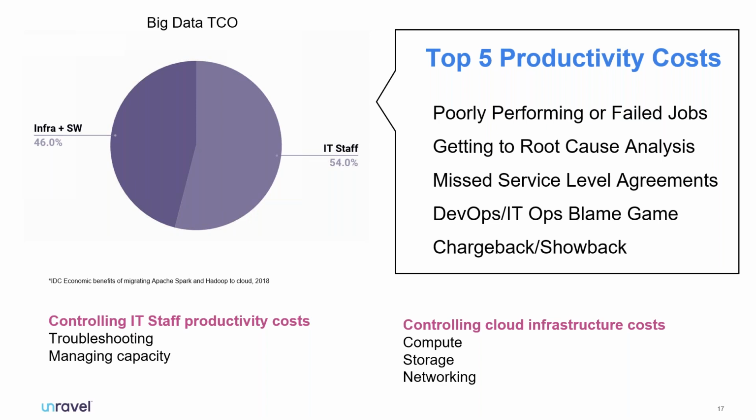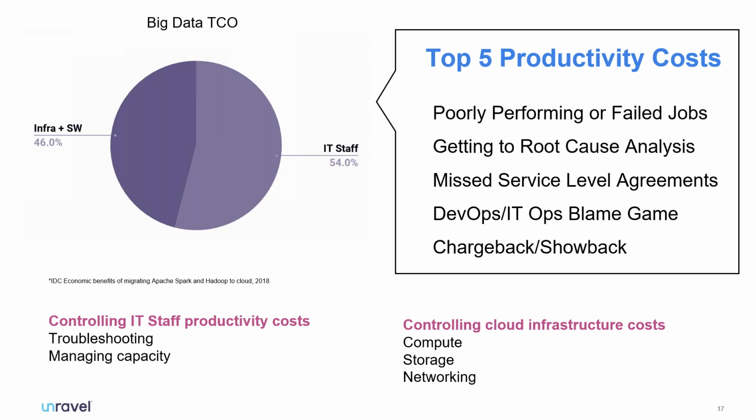So going beyond just compute, networking and storage, what our customers have found, and which is very in sync with this report, is that there are a number of productivity costs that contribute to the overall cost of a big data system.